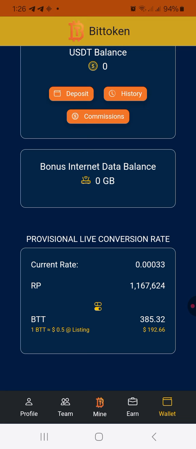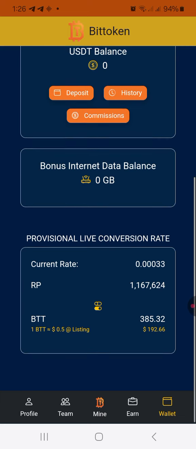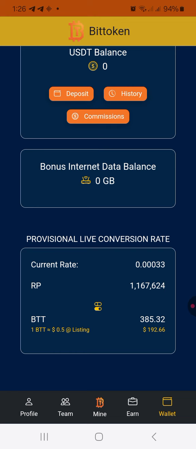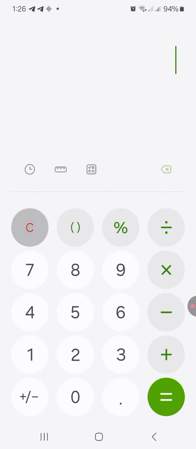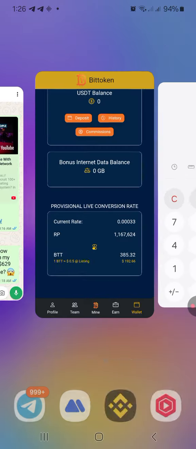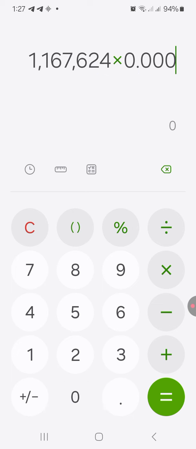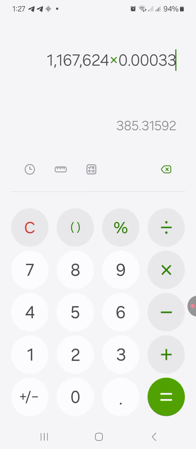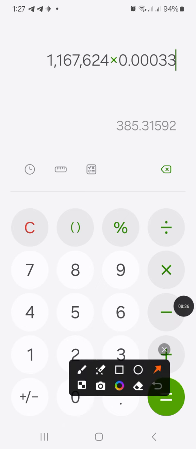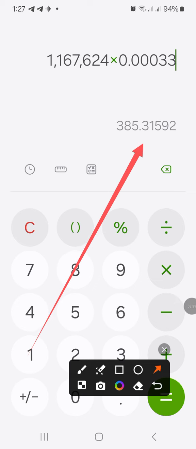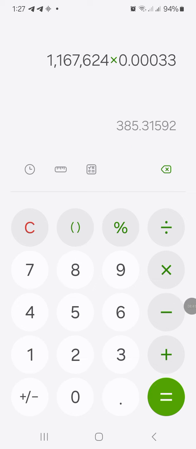However, now because the current rate has decreased, they are seeing 190. So let's calculate this number and show you how it becomes that. 1.67624 times the current rate of 0.0033 would be 385.